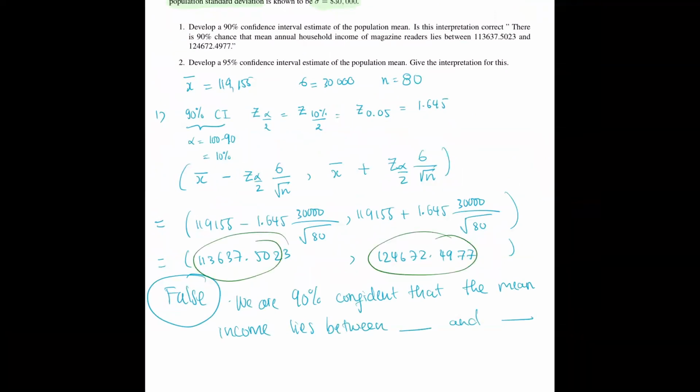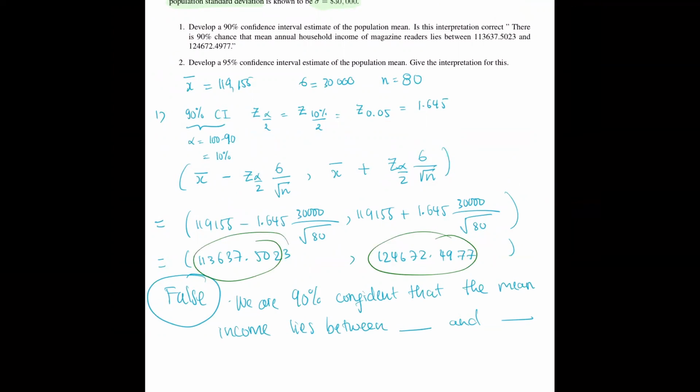So it's very different. Here we say we are 90% confident, and it indicates how strong our belief is about the interval that we have. That is one way to interpret it.